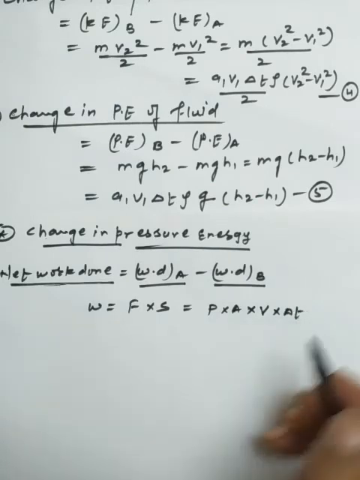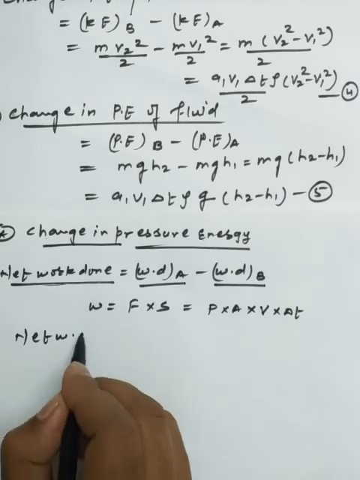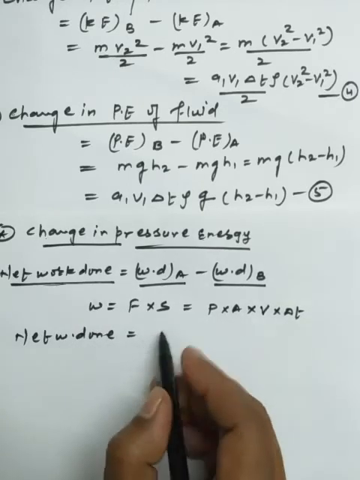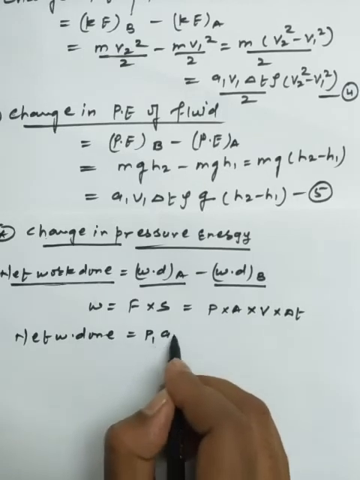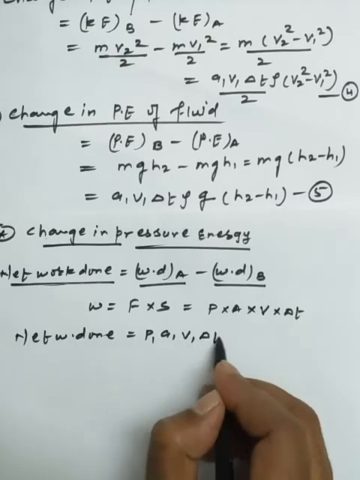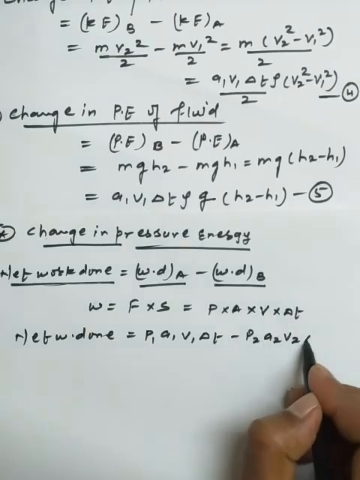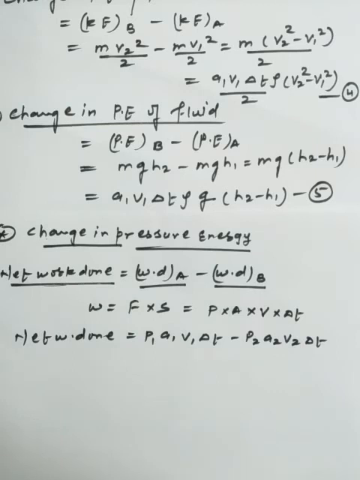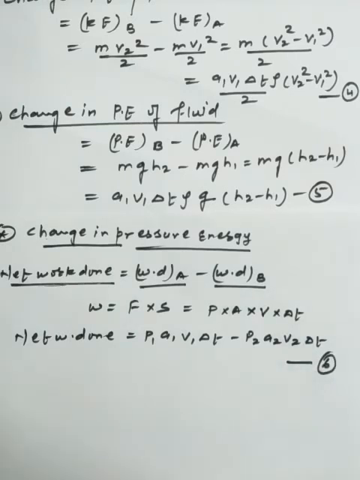So the net work done can be stated as the work done at A, which is P1 A1 V1 delta t, minus P2 A2 V2 delta t. This is the simplest changeable formula we have used here. This is equation number 6, and what can we do?